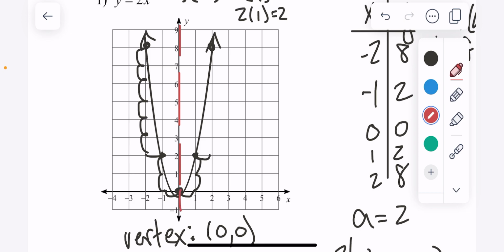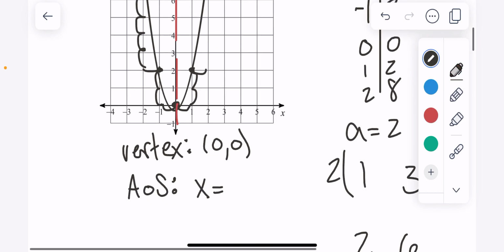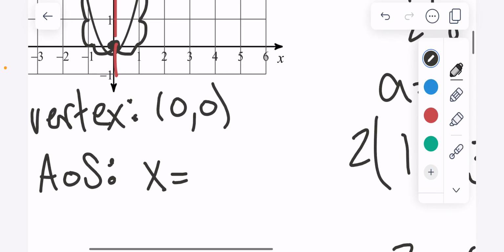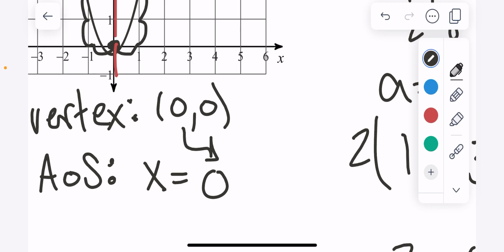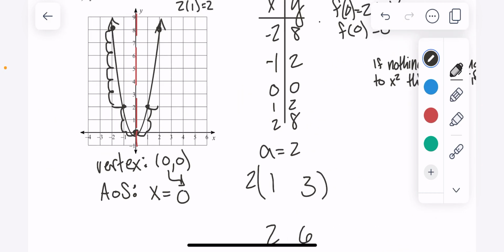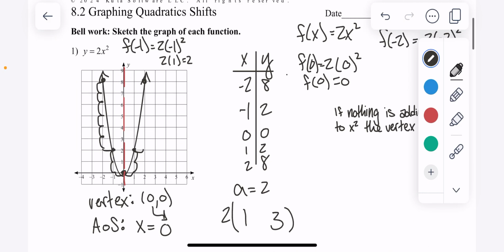Remember back in our first unit when we were graphing y equals mx plus b, if I had a vertical line, it was always x equals instead of y equals. And it's always x equals the x value of my vertex. So in this case, we have x equals 0. Cool. All right, that is graphing quadratics.